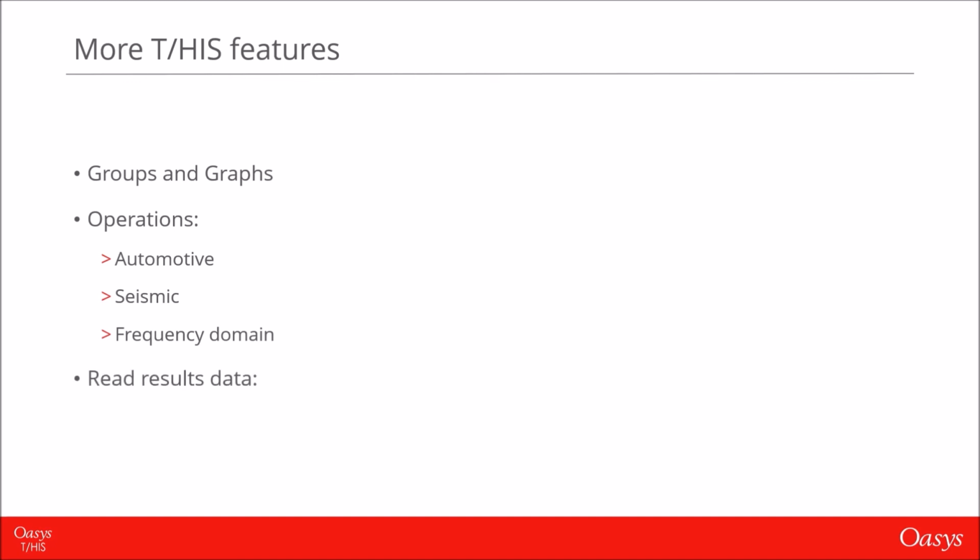And as well as reading results data from your LS-DYNA model, you can also make THIS the hub for all of your data processing. You can read results from Nastran and OptiStruct, as well as DIAdem and ISO standard formatted test data. THIS also supports rapid automation. You can use FastTCF to record operations and replay them. In fact, we've got a whole webinar about FastTCF you can check out on our website.